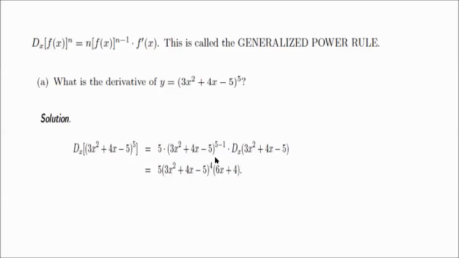So this is the final answer. Therefore, class, yung formula natin dito is, ito yung tandaan nyo sa power rule na lang. So bring down yung n and then minus 1 and then i-multiply pa sa derivative ng nasa loob.